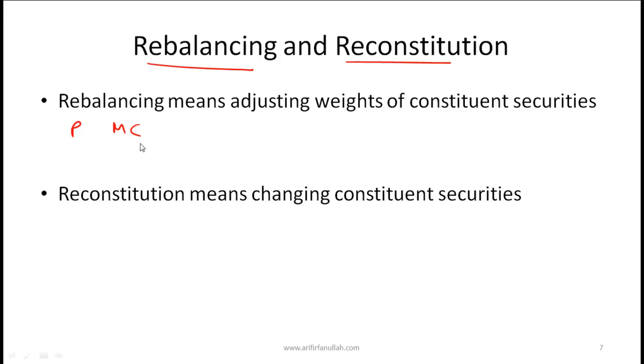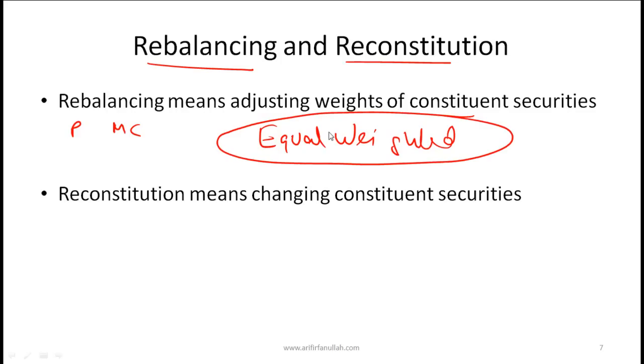Similarly, if the market capitalization changes, automatically the weightage adjusts. So where we really need to worry about rebalancing is with equal weighted indices. That's critical. With equal weighted indices, when prices change, the weights go off. Then you need to make an adjustment, and that adjustment is called rebalancing.